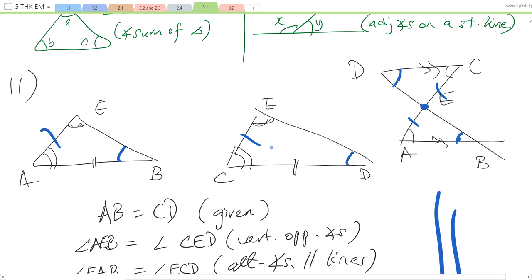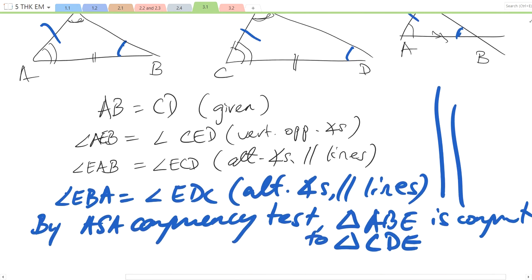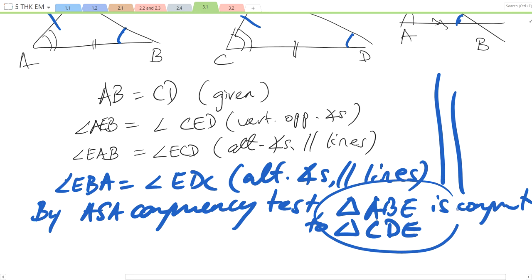What did we prove in part A? The conclusion in part A. These two triangles are congruent. If they are congruent, the sides must be the same length, right? The angles must also be the same, isn't it? So, have we proven that AE is equal to CE? Yes, we have. In part A, we already said that these two triangles are congruent.